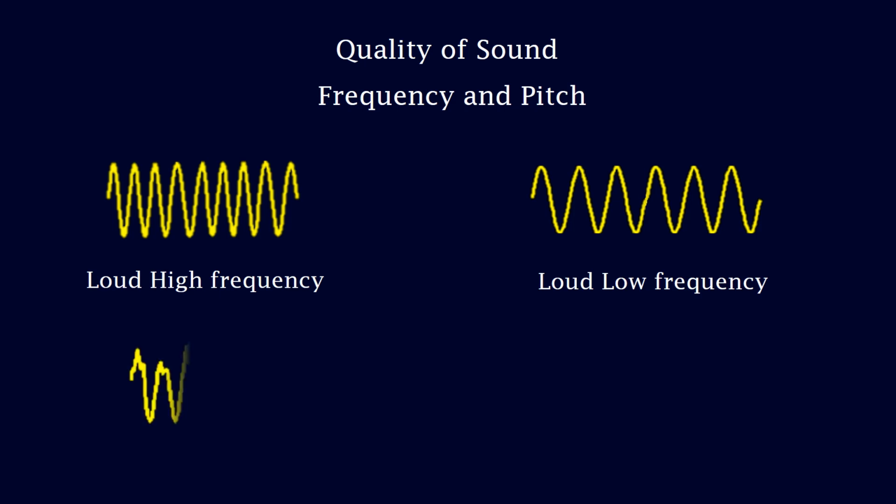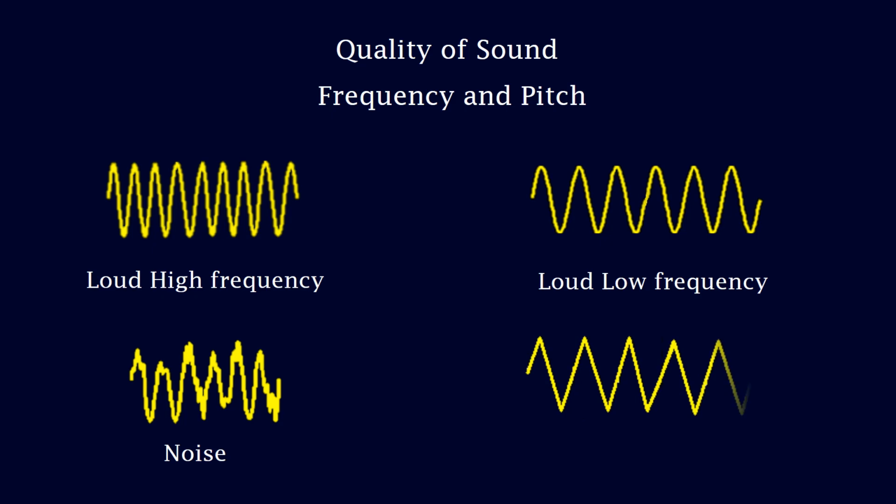Noise: explore the concept of noise, where multiple frequencies combine in a complex manner. Witness how this amalgamation can lead to an intricate and less defined pitch. Harsh sound: lastly, envision a scenario of harsh sound where a specific frequency or combination creates a jarring effect. Witness how certain frequencies contribute to the perception of harshness.